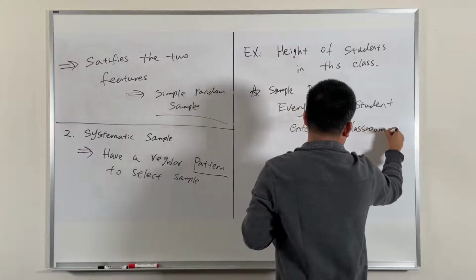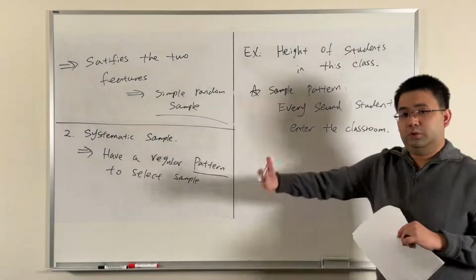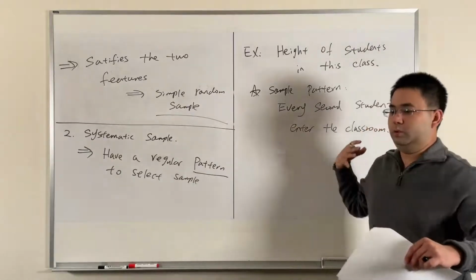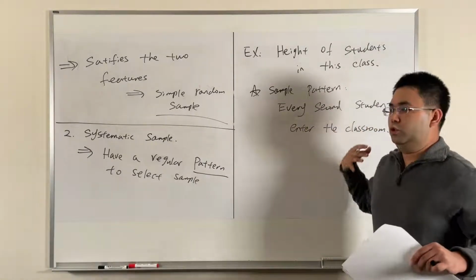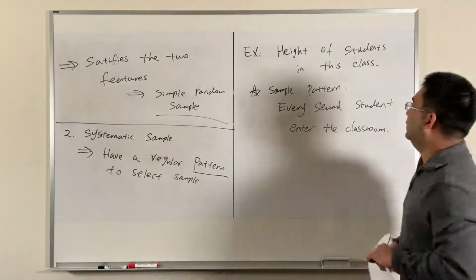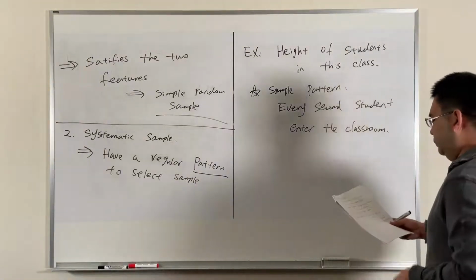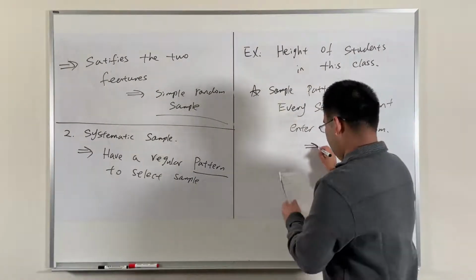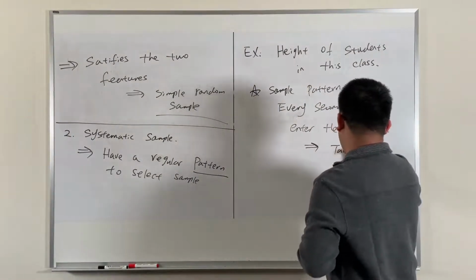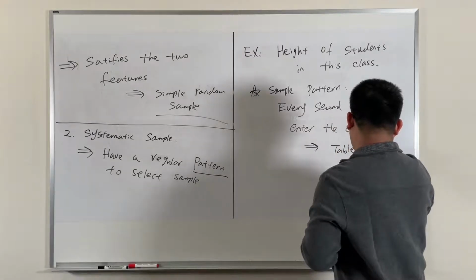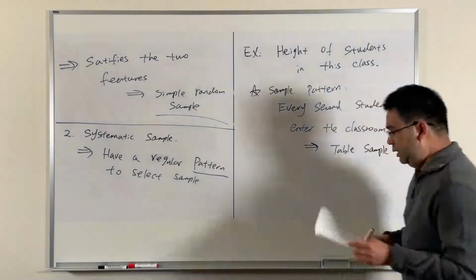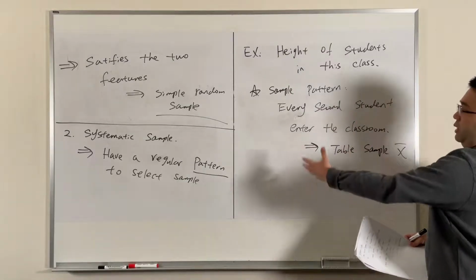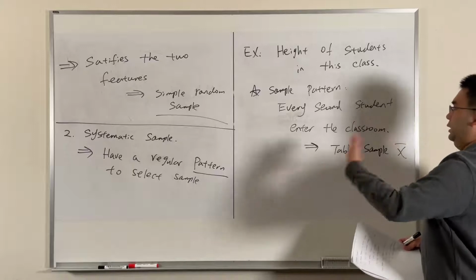Okay, so every second student or every other student entering this classroom, we'll get their height, and we'll take the average, and then we're going to use the sample mean, sample average to estimate the population height. So let me just finish this and say take sample x bar for estimation. Okay, so this is how we're going to do it, right? We have a regular pattern, and then we're going to follow this pattern to get our sample.